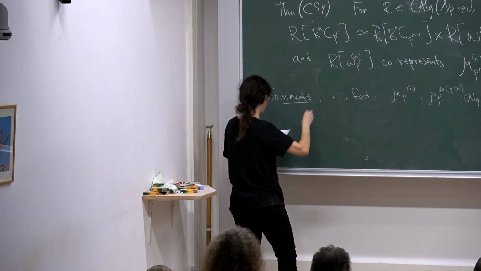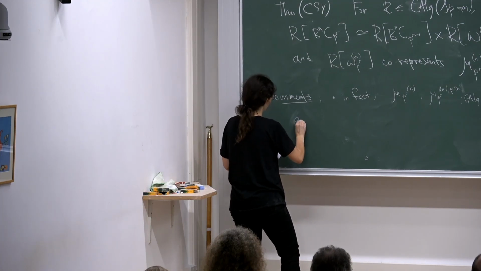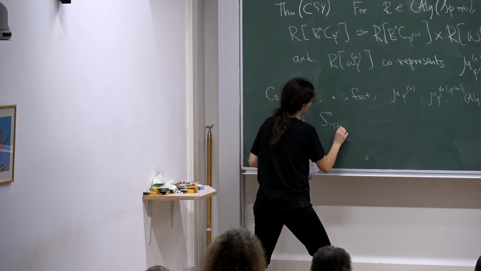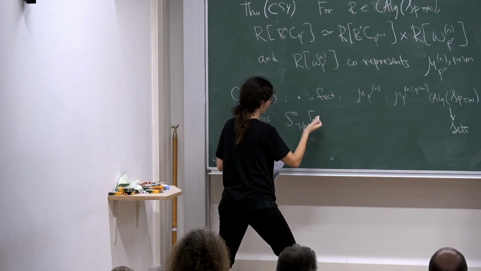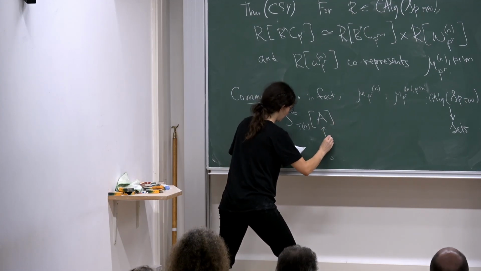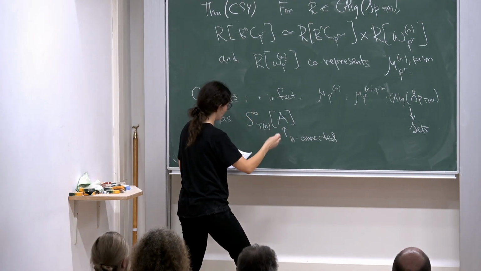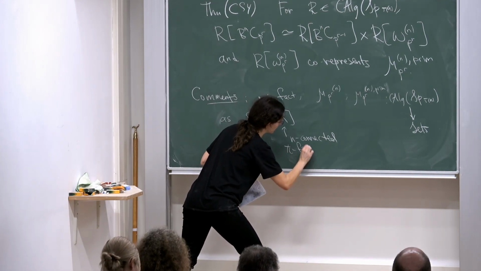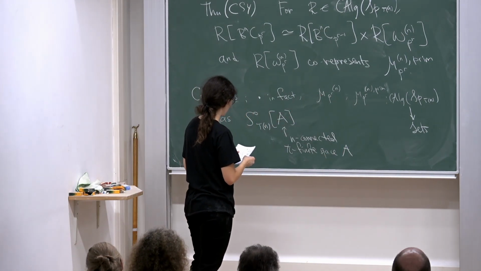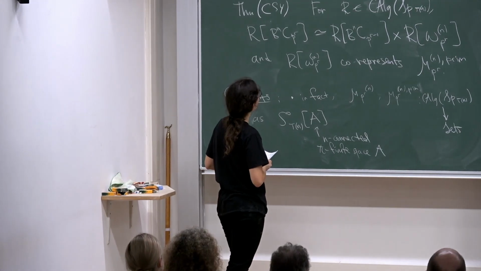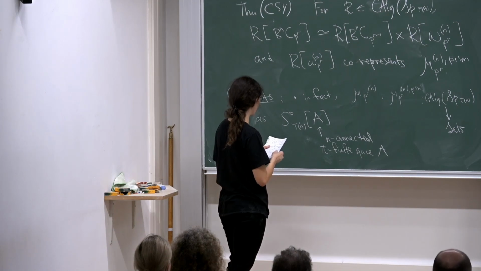Again, these ambidexterity papers give that if we have any n-connected pi finite space A, I don't know anymore if my indices are right.